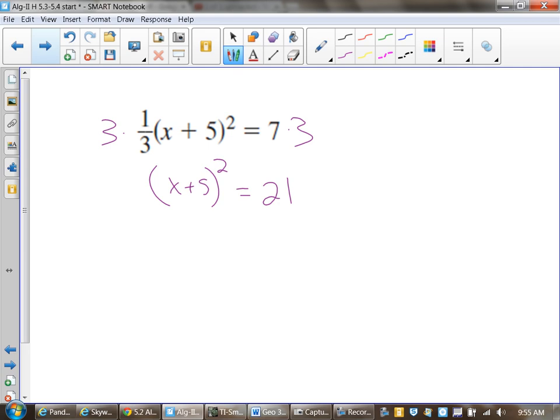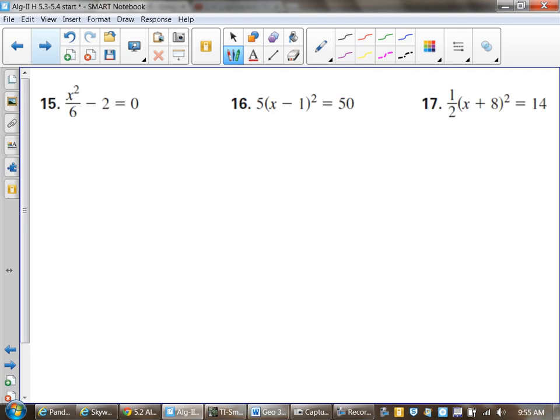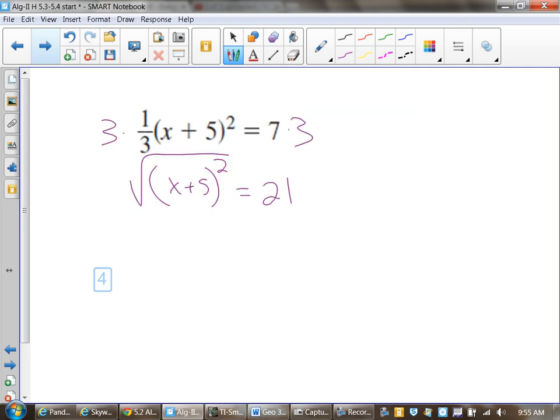Now what do we do? What's that called? Square root it. Do I have junk squared equals a number? Yes. Okay, what's the square root of junk squared? Junk.